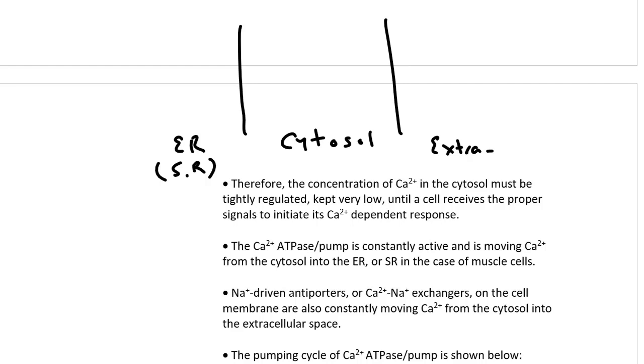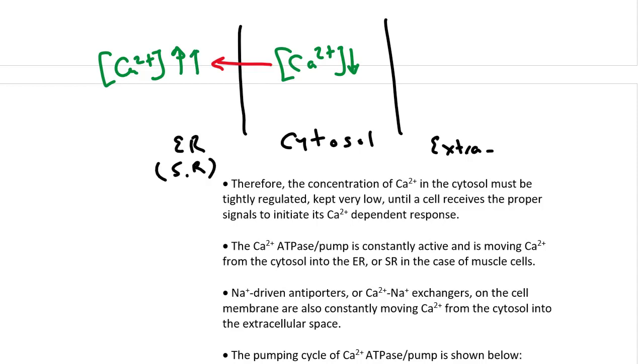So we have one pump, this calcium pump, or calcium ATPase, which is moving calcium 2 plus in this direction, because calcium concentration is much lower here. Calcium concentration compared to the cytosolic concentration is much higher here.